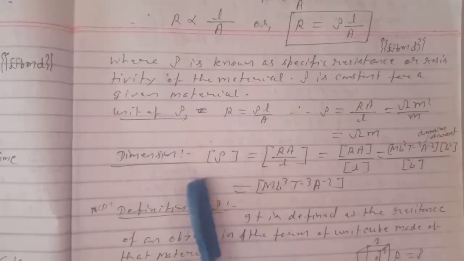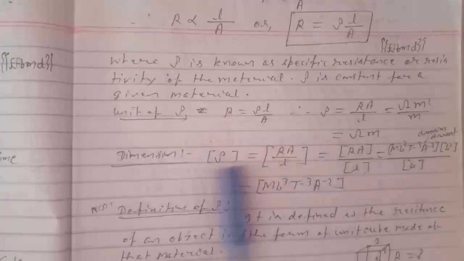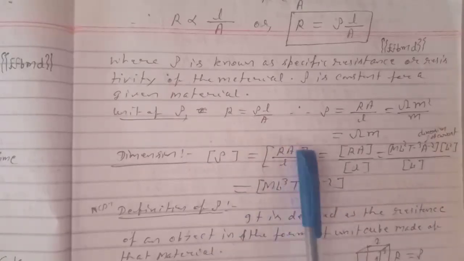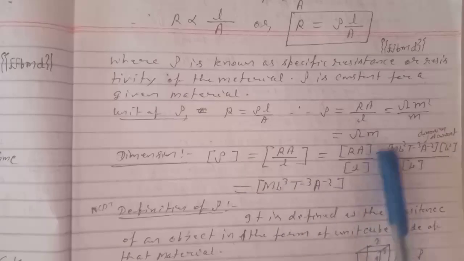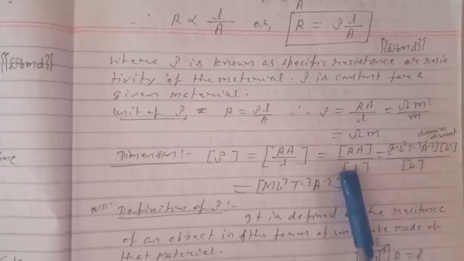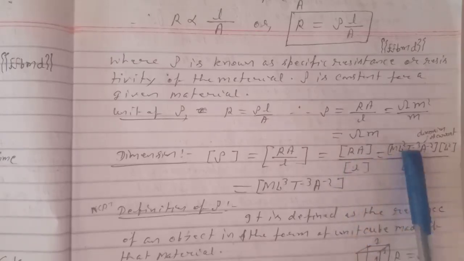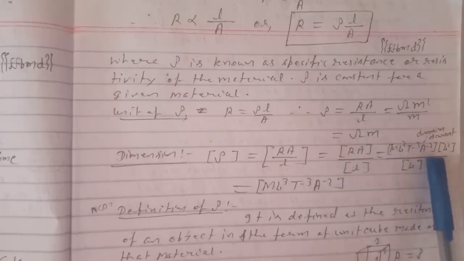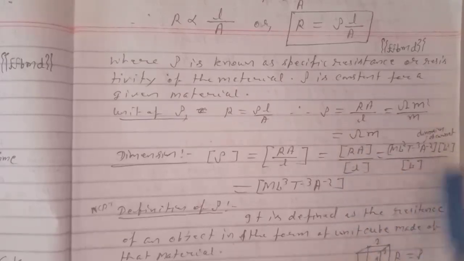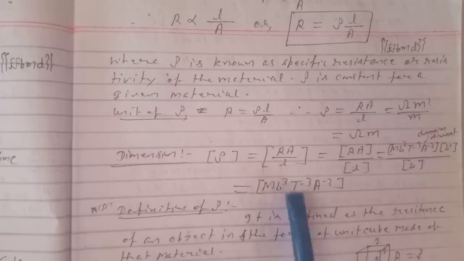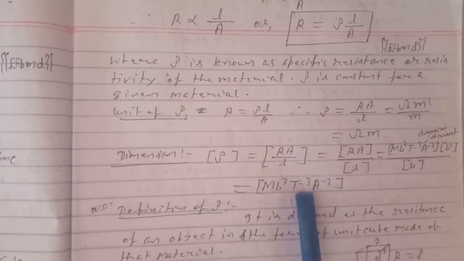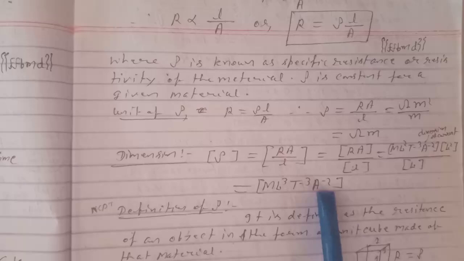Dimension: now we can calculate the dimension, because the dimension of rho equals the dimension of R into A by L. The dimension of resistance is ML2T minus 3A minus 2, the dimension of area is L2, and the dimension of length is L. So solving it, we get ML3T to the power minus 3 and A minus 2.